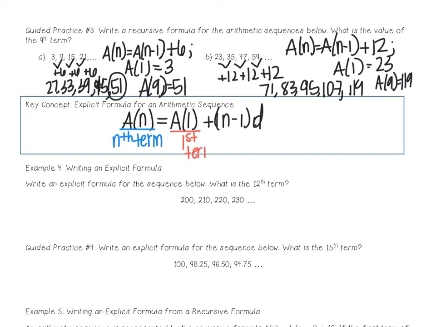You should always know that number. Then you have n, and that's the number term they ask for. So the term number, like if they ask for the 45th term, you put 45 there. Then you have the d, and that's going to be the common difference.